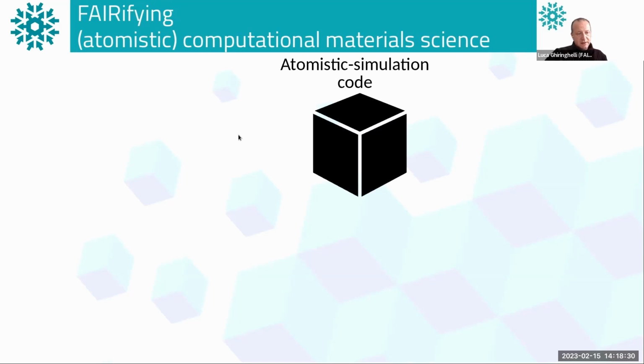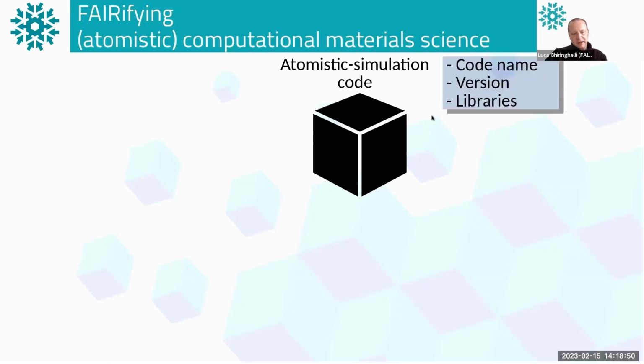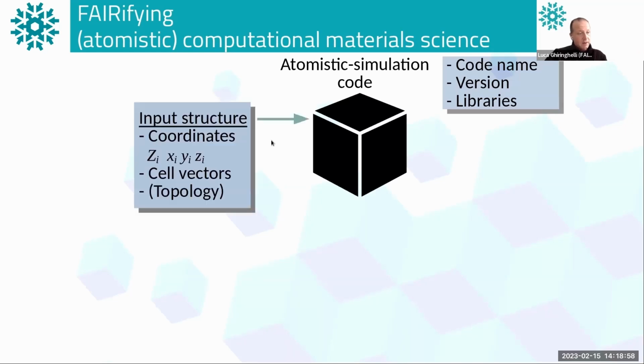So the idea is that if we have an atomistic simulation code, at some point in the future we will go beyond atomistic simulations in the computational area, but for the moment we are mainly focused on atomistic simulation codes. Of course, a code has a name, a version, some library that we will use for compiling it, and this should be part of the metadata that we provide.